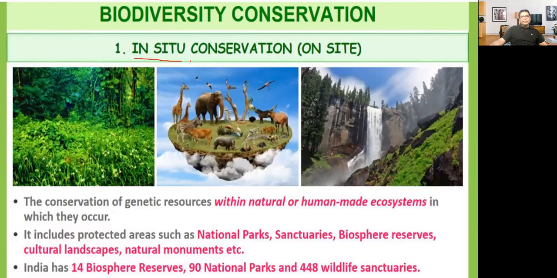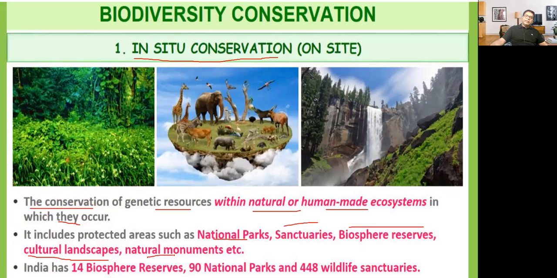Now, what is in situ conservation or on-site conservation? The conservation of genetic resources within the natural or human-made ecosystem in which they occur. It includes protected areas such as national parks, sanctuaries, biosphere reserves, cultural landscapes, natural monuments.